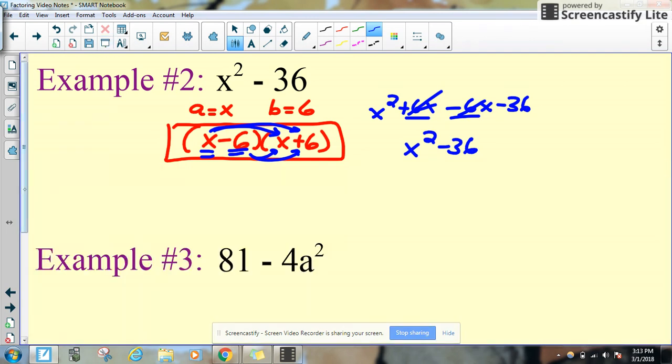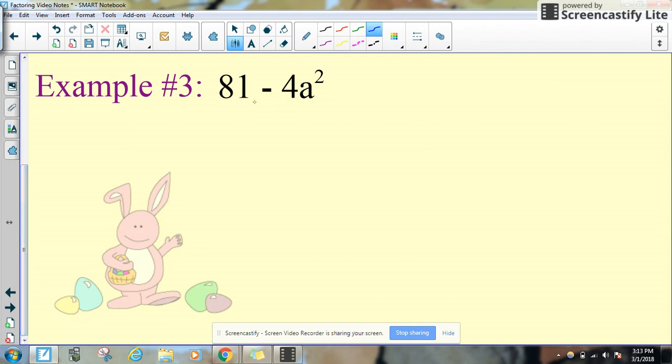Let's try another example. This one is 81 minus 4a squared. So again, you have to identify what a and b are. Whatever a is, if you square it, you should get 81. So that's 9. And whatever b is, if you square b, you should get 4a to the second. Well, let's do this term by term. 2 squared gives us the 4, and then a squared gives us the a squared.